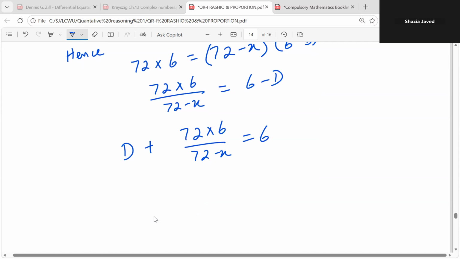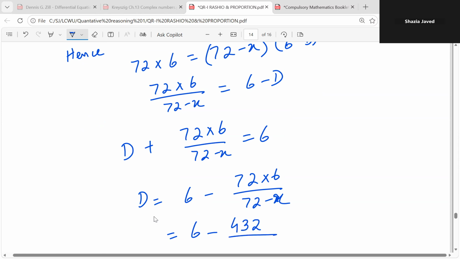Since you are required to find d, we can write it as 6 minus 72 multiplied by 6 over 72 minus x. Simplifying, 6 minus 432 over 72 minus x.